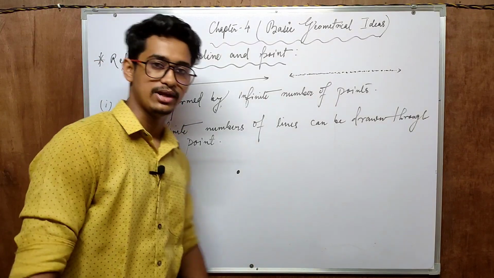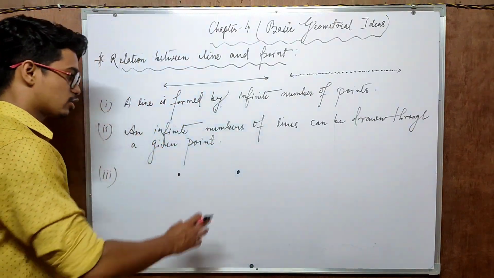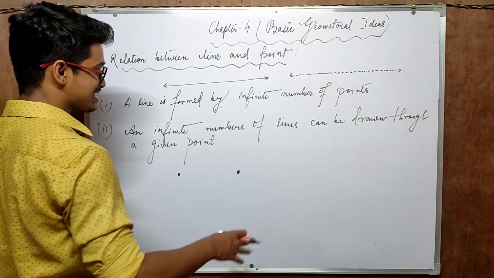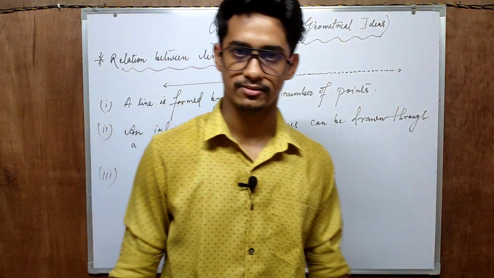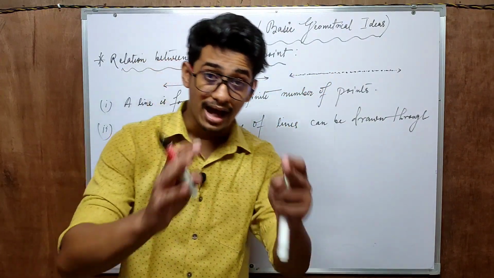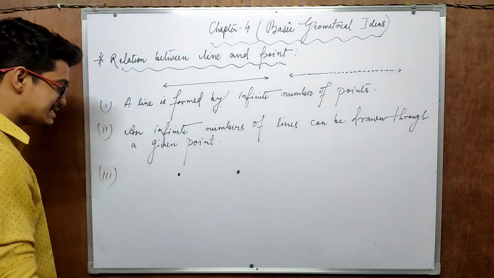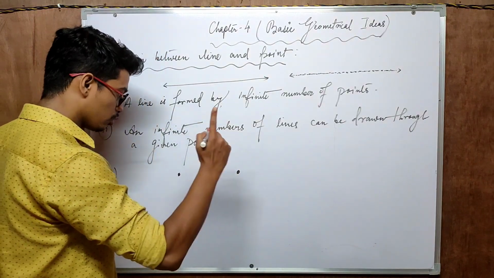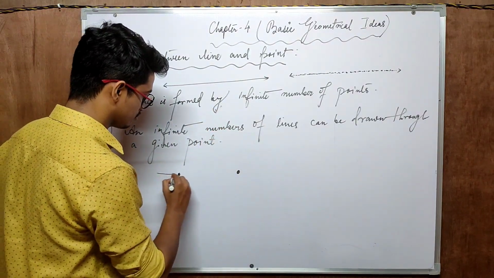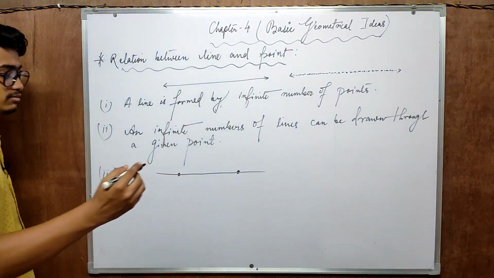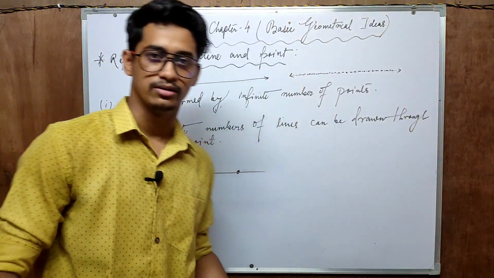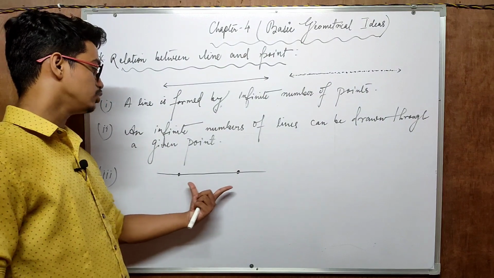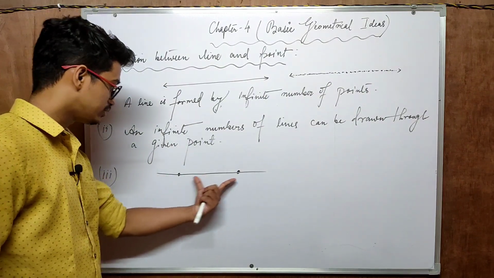The answer is very easy. The answer is only one line, this one. Any other line can't be drawn if I want to pass through these 2 points.